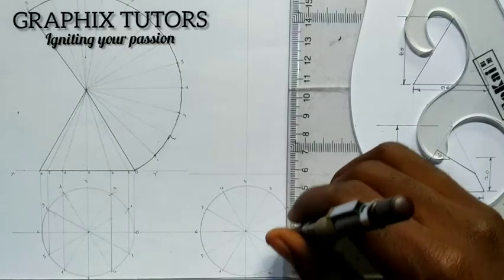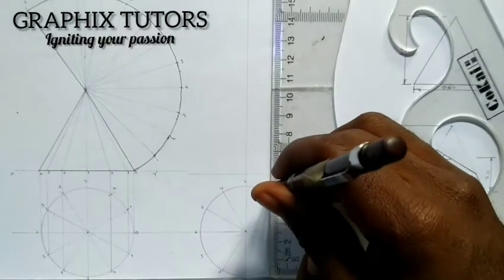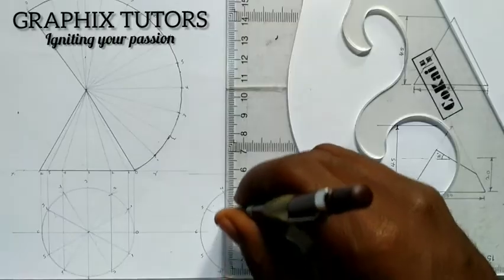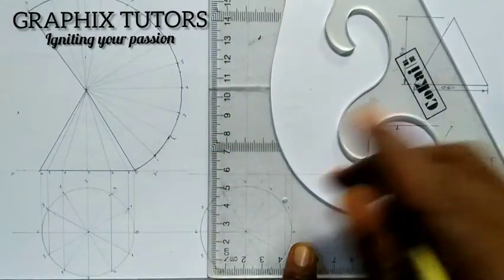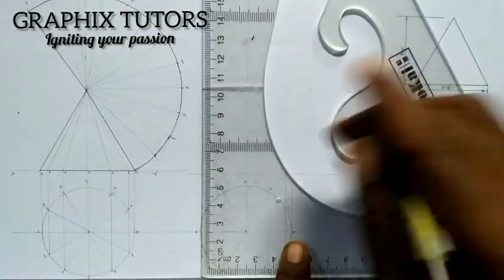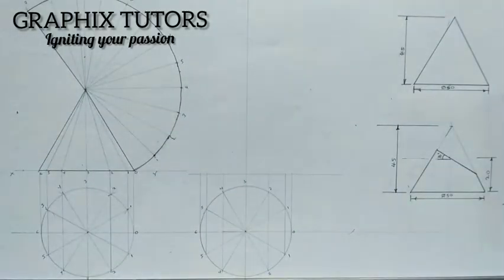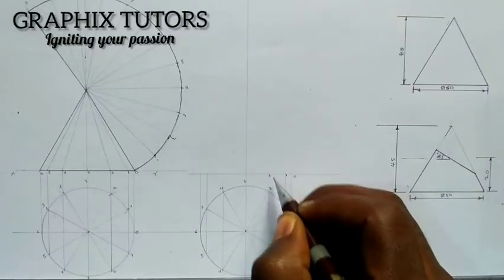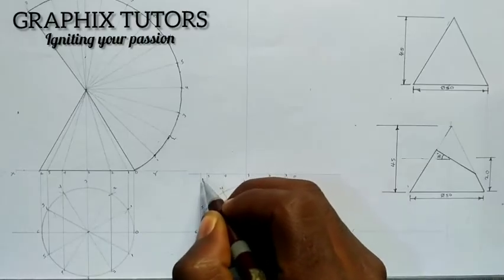Keep this up to touch here. Keep this up to touch here. And also this. And also this. And also this. So this is what I'm having, right? So this will be 0, 1, 2, 3, 4, 5, and 6.